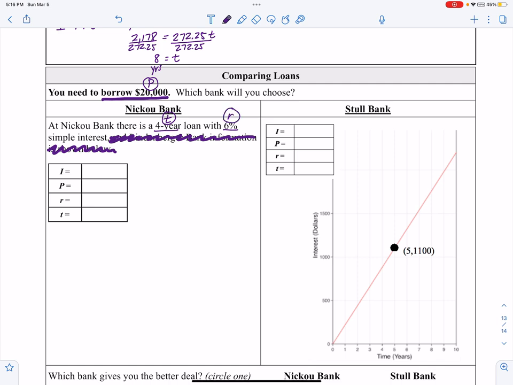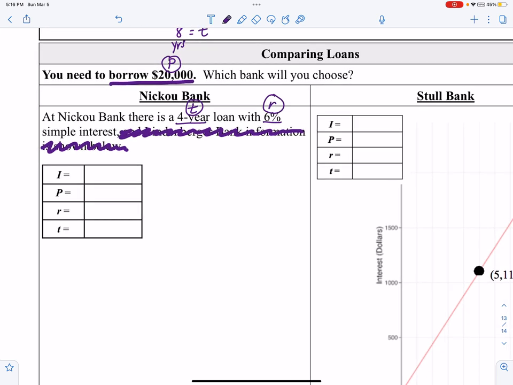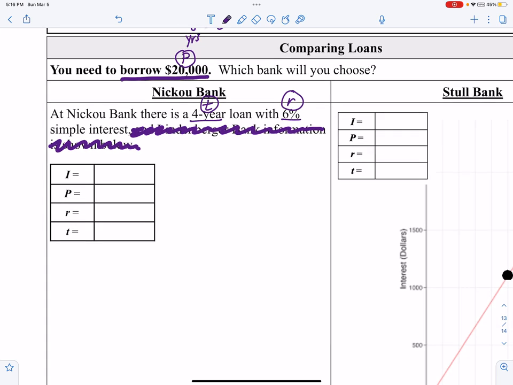Okay. So let's go ahead and start filling this information out for the Nuku Bank and compare it to the Stahl Bank. And let's see what we got here. We don't know what the interest earned is, so that's going to stay our variable. Our original amount is the $20,000 at a 6% rate, but we know that we don't do math work in percents, so change it to a decimal. We have 0.06, and this is for a 4-year period.